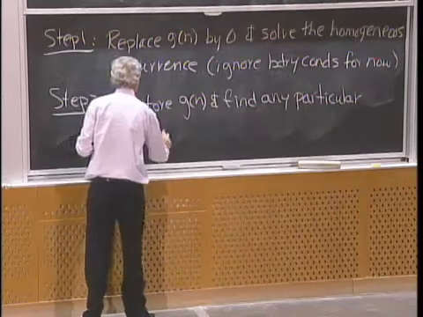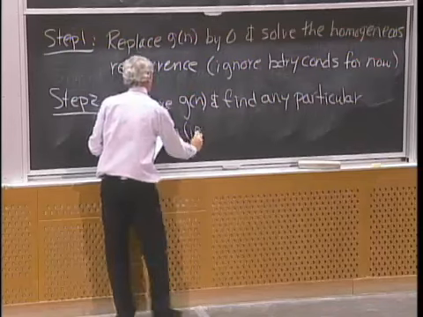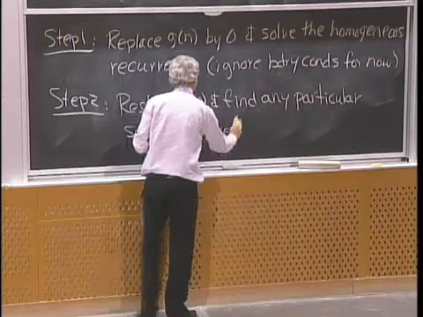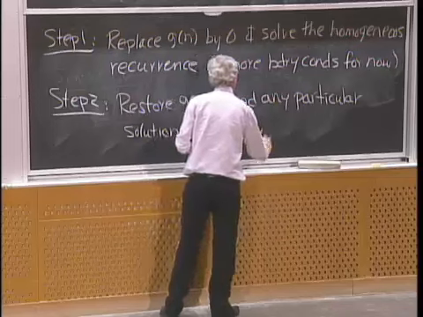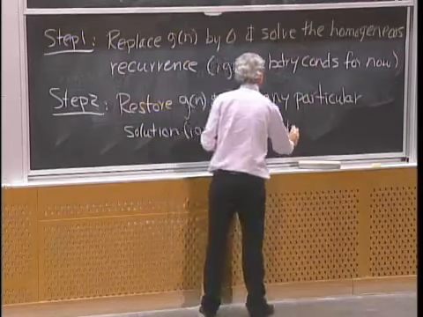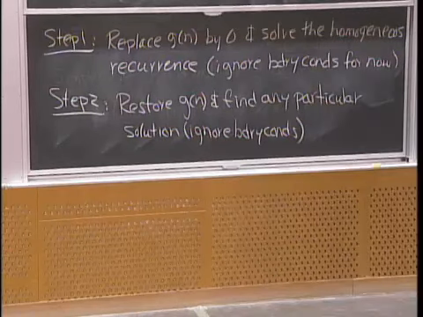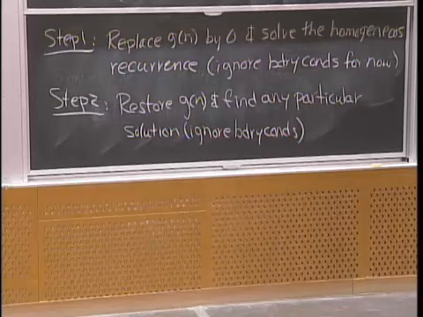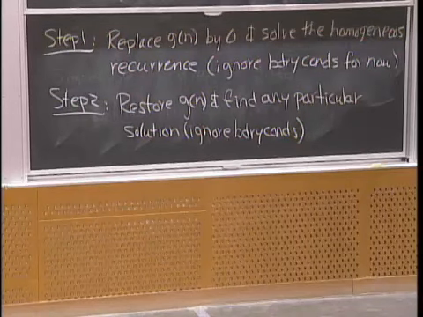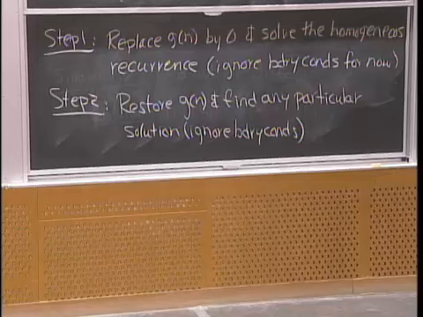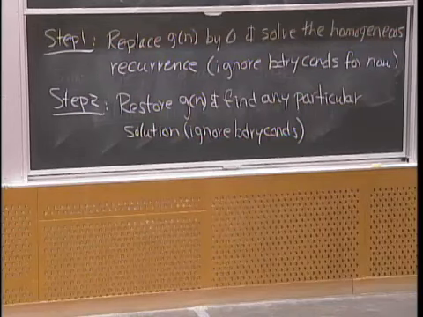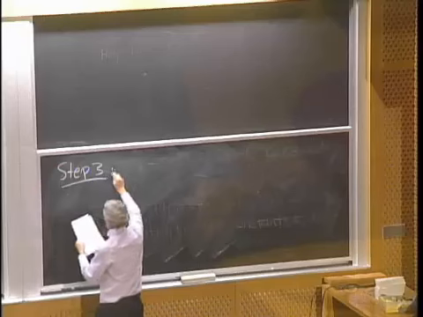So you'll have constant factors there too. All right, and then step 3 is going to be to put the whole thing together and plug in the boundary conditions and solve it.